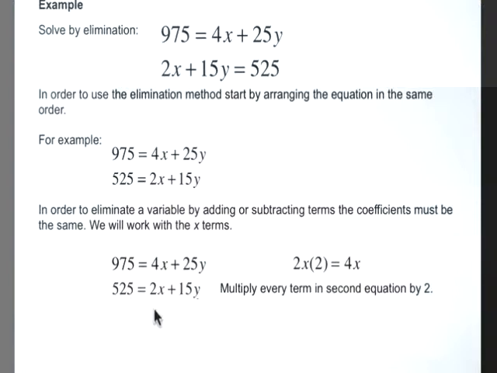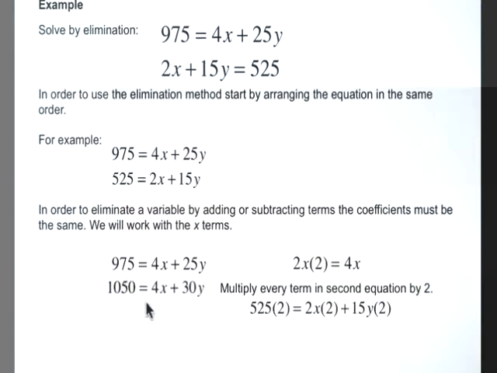So we're going to multiply then the left side and the right side, every term, by 2. And when we do this, 525 times 2 is 1050, 2x times 2 is 4x, 15y times 2 is 30y. So now we're going to replace this equation for this equation in our linear system.